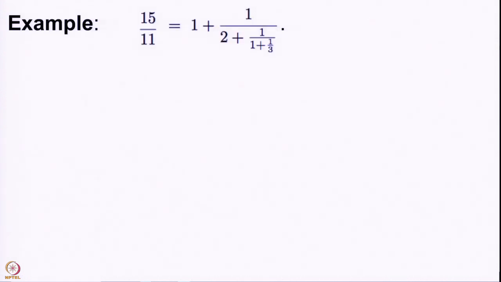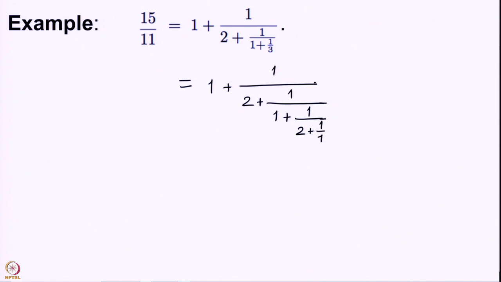We also saw an example in the last lecture that 15 by 11 can be written as a continued fraction in the following way. Moreover, this is not quite a unique expression, because the last integer 3 can also be written as 2 plus 1 by 1.